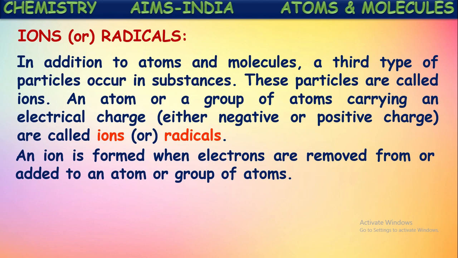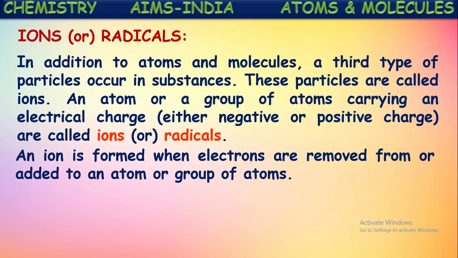So how are these ions formed? As we said, the combining capacity of elements depends on its number of valence electrons. If the valence shell contains the required number of electrons, then that element will be stable. If it has no satisfactory number of electrons in the last shell, it will either lose electrons or gain electrons.